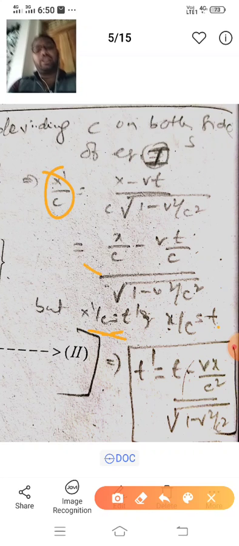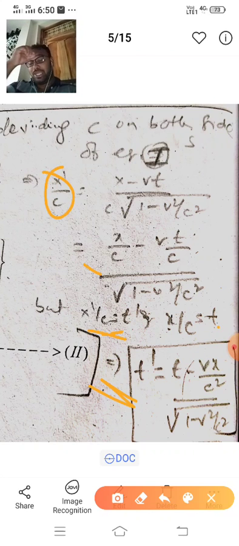Substituting these values in the above equation, we get the second Lorentz transformation, t dash equals t minus vx by c square by under root of 1 minus v square by c square. These are called Lorentz transformations, used for high velocity frames.